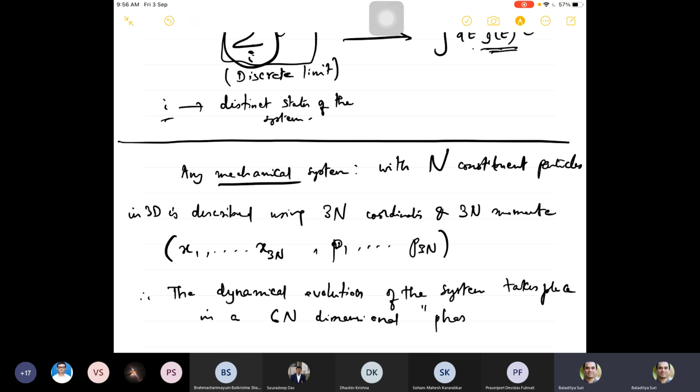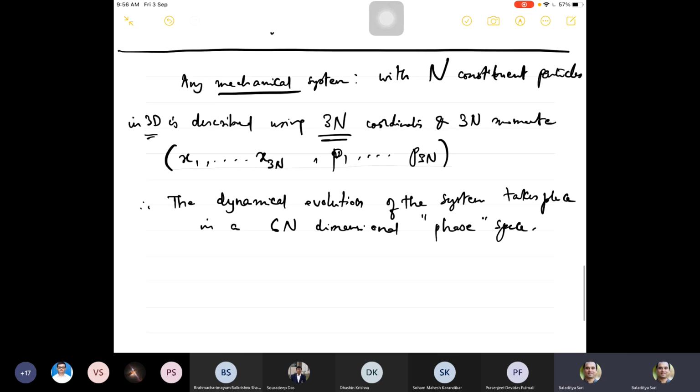What is this space called? Phase space. Okay, the 3-dimensional space that we talked about is just the coordinate space for one particle. If you have n particles, there are 3n coordinates that you need to specify. And each of those particles will also have a momentum, which is also a vector with 3 components. So there will be 3n momenta. So 3n coordinates and 3n momenta. That makes a 6n dimensional phase space. So the entire system, let us say an ideal gas in a volume V.